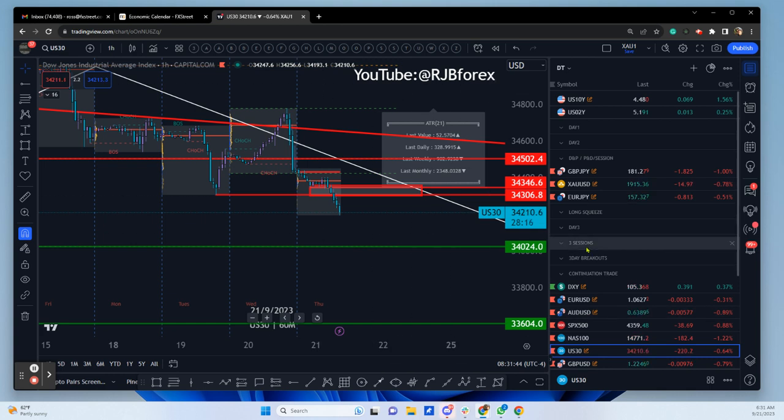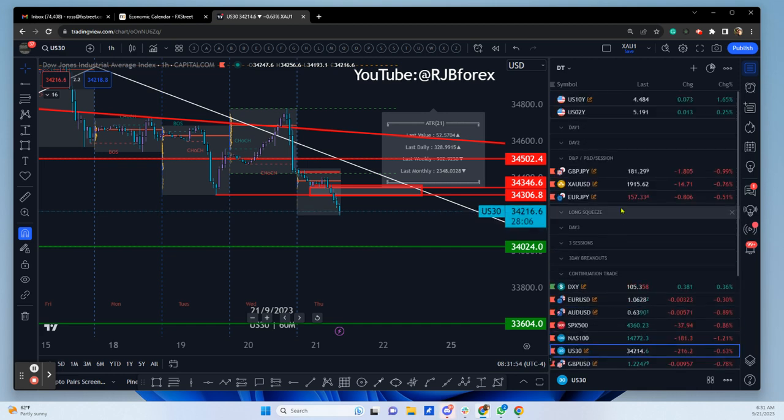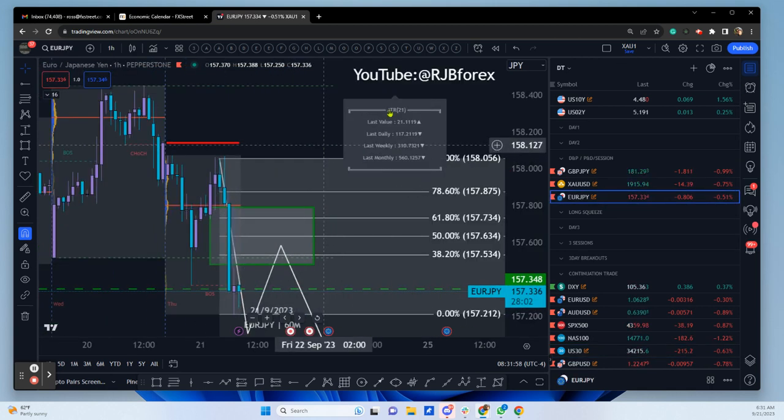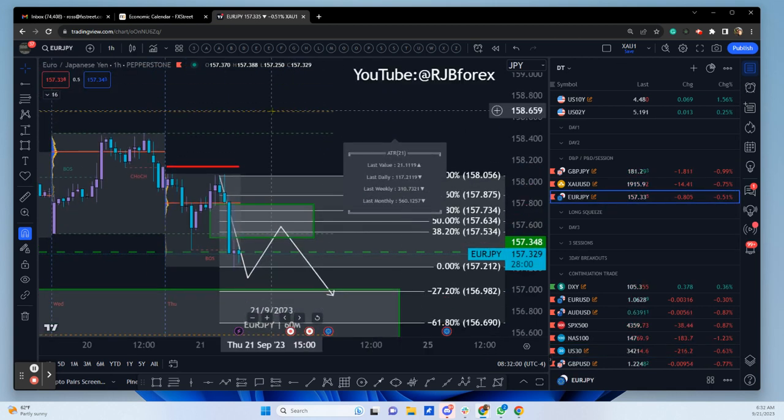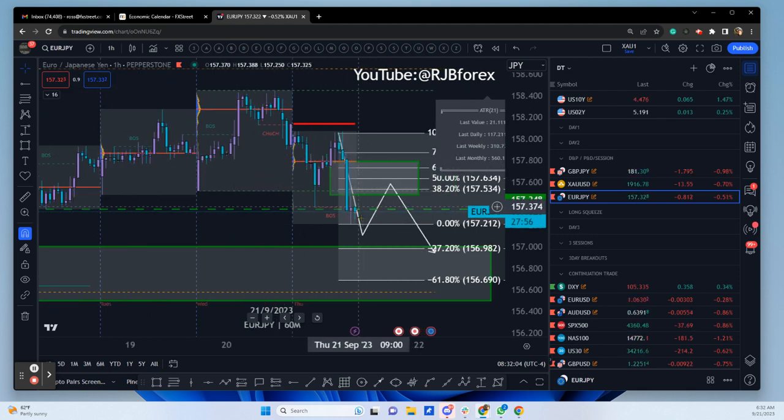Euro yen. Let's have a look at this euro yen. So looking for a correction, looking for a correction up to come lower.